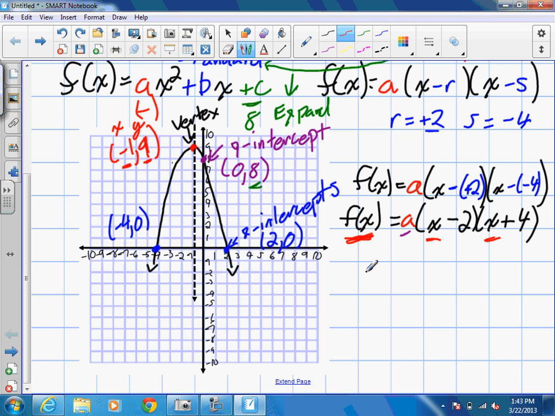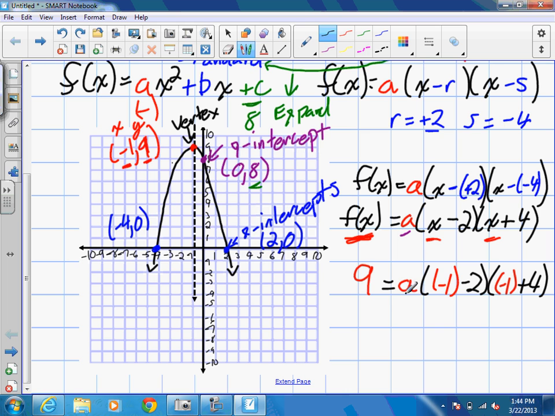Is equal to, I guess I should have used a different color, but a, our x values are both going to be what value? Negative 1. And because there's 2 of them, it doesn't matter. It's still going to be the same value. Okay? Plus 4.